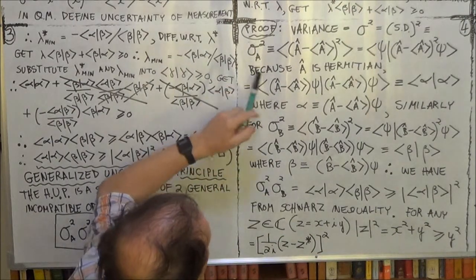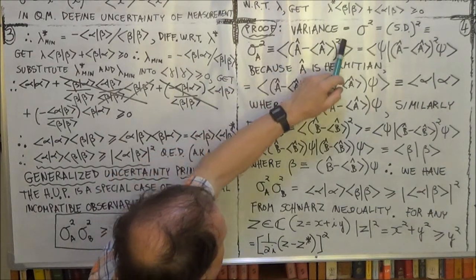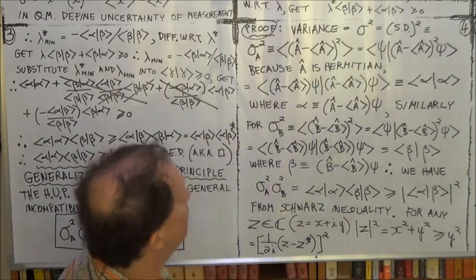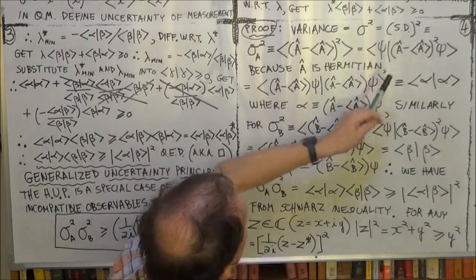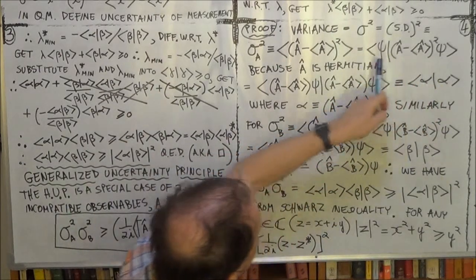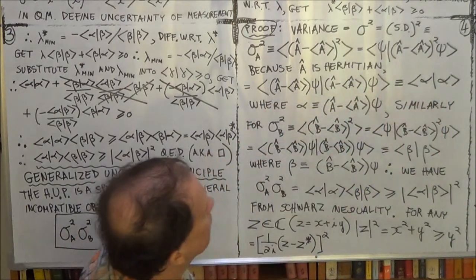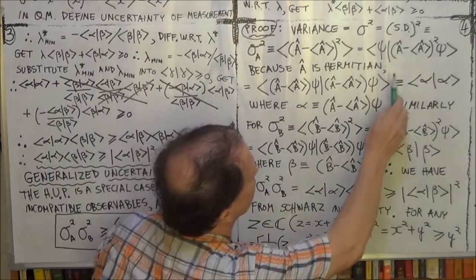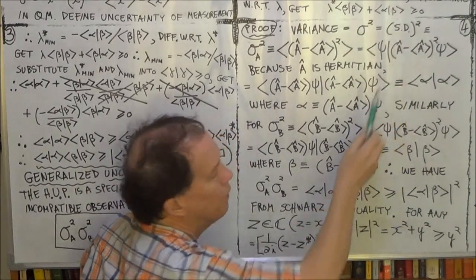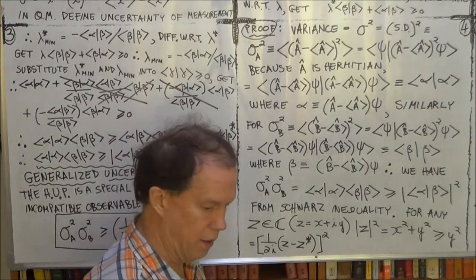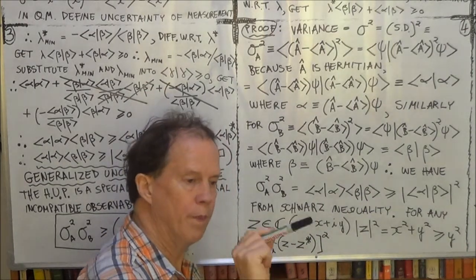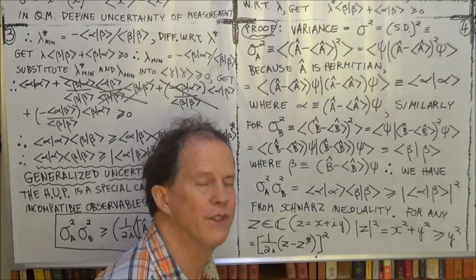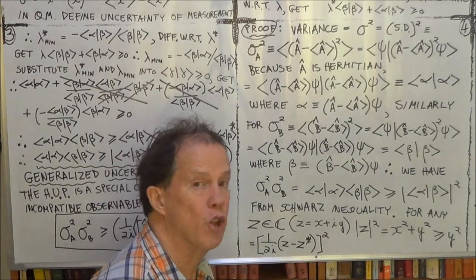Now, remember this expectation value, or the average, it's a sort of shorthand. Now remember, the operator that corresponds to an observable, a measurable physical quantity, is Hermitian.